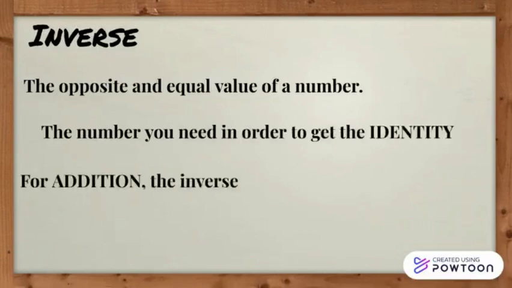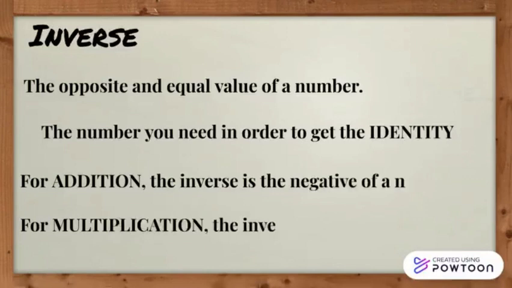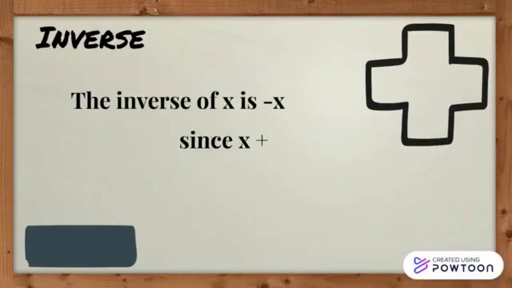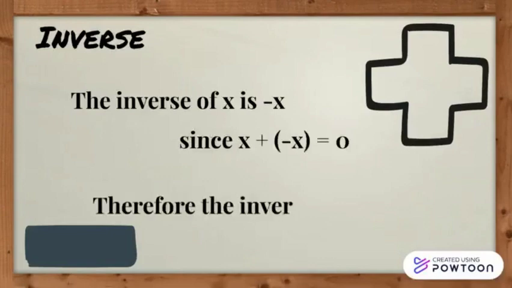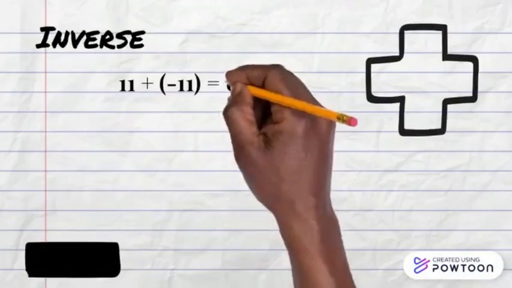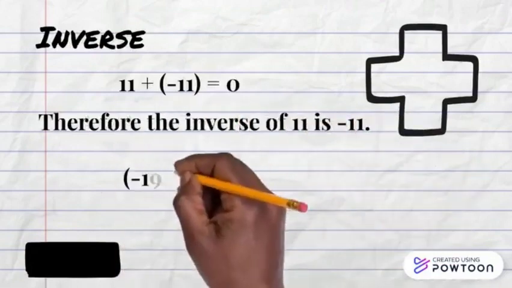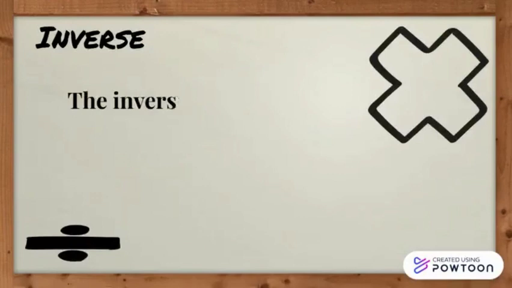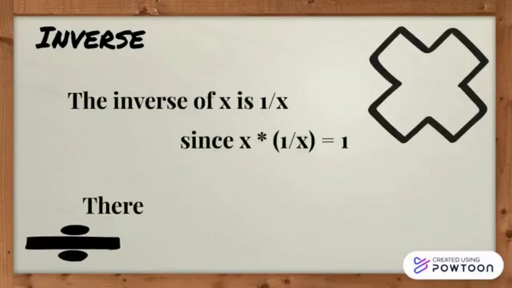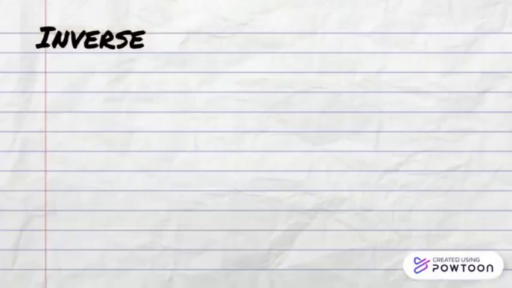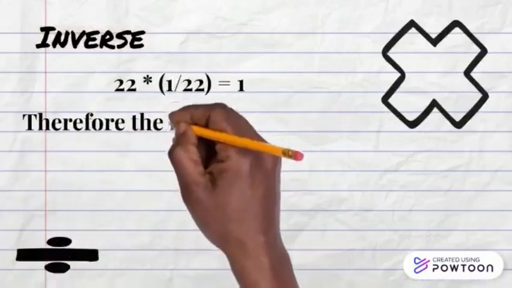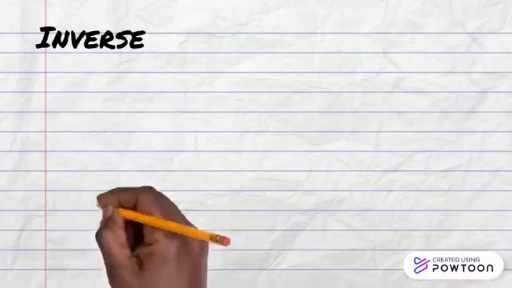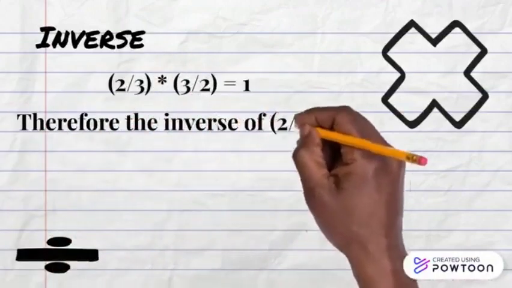Similarly, the reciprocal of a fraction which is made up of numerals other than 1, for instance 2/3, is just the inversion of that fraction, which in this case is 3/2. So remember, the identity is what you get when you multiply a number by its reciprocal in terms of multiplication, or when you add a number to its inverse in terms of addition and subtraction.